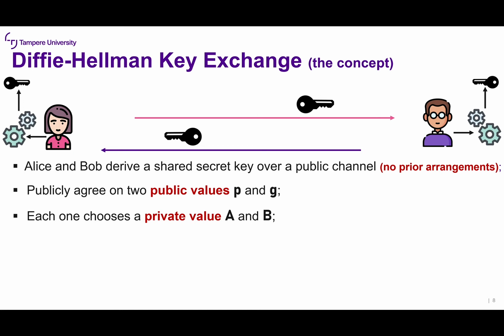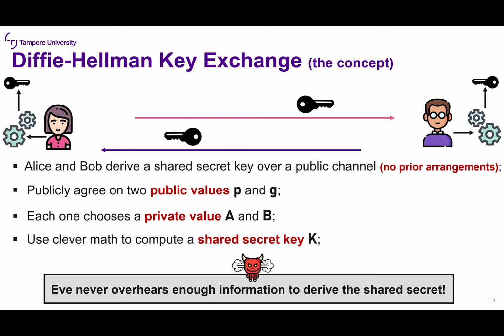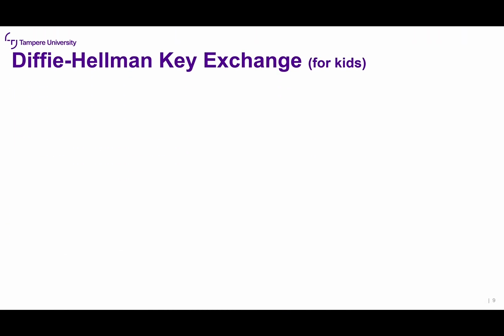Alice chooses a random number A, and Bob generates another random number B. Then they both use clever mathematics to compute a shared secret key K. Now, Eve never overhears enough information to derive the shared secret, and this is the magic of the Diffie-Hellman key exchange protocol. So let's see another example with colors, so that you understand better what's going on, I hope.